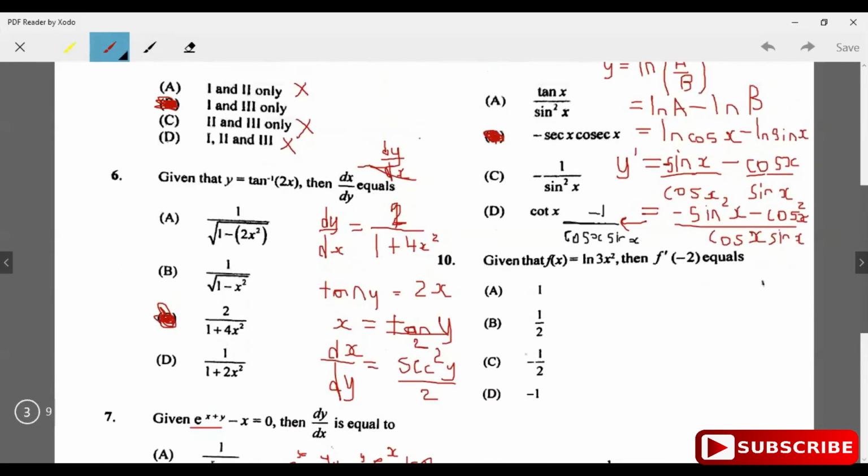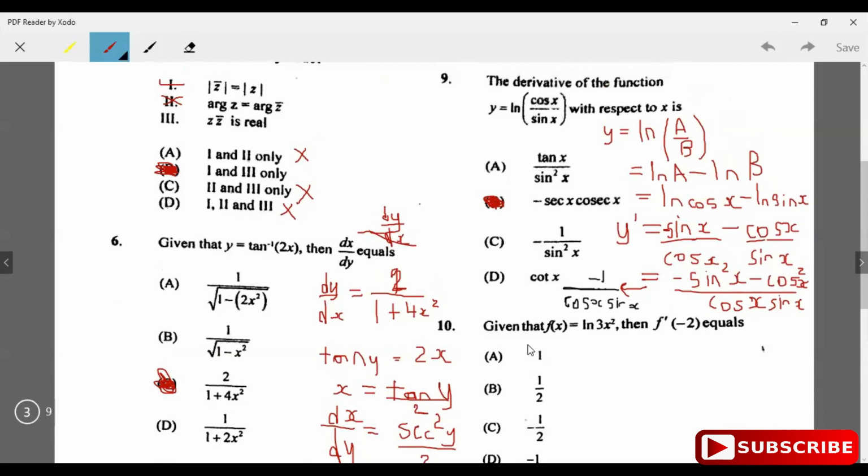Question 10. Question 10 says, given that f of x is equal to ln 3x squared, then what is f prime of minus 2? Well, this is f of x, and so f prime is going to be equal to, when you differentiate ln 3x squared, you get 1 over 3x squared times the derivative of 3x squared, which is 6x over 3x squared.